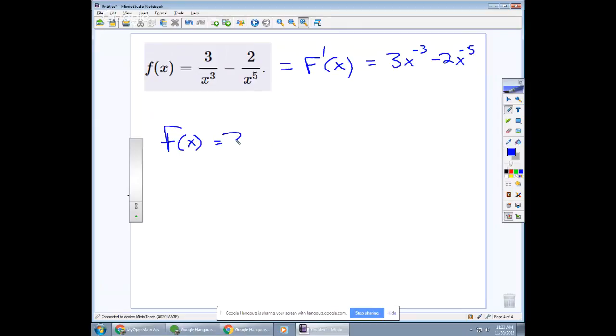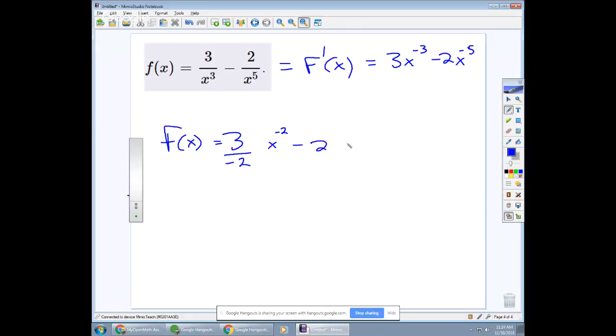So this is going to be 3 times, if I increase negative 3 by 1, I get x to the negative 2. There should have been a multiple of negative 2 out here. Since it's not there, I'm going to throw in a multiple of negative 2, or you could do 1/2, or just divide by negative 2. Okay.